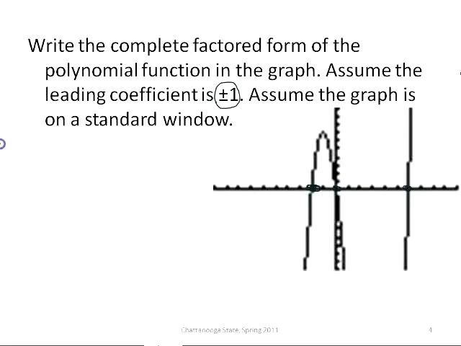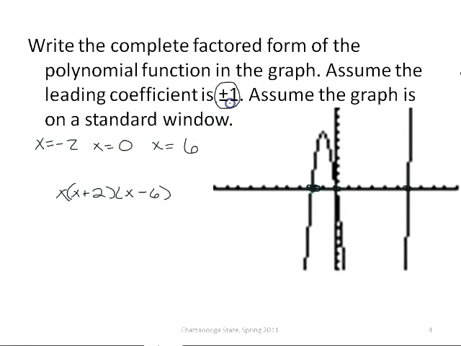So I know that this graph is going to have zeros at x equals -2, at x equals 0, and at x equals 1, 2, 3, 4, 5, 6. So I know I'm going to have factors of x plus 2, x minus 6, and x.